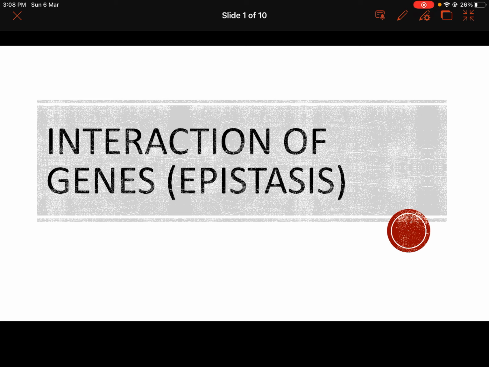All four combinations will appear in the progeny of the parents, but some new combinations will also be present. How are these new combinations formed in the progeny? Because at the time of gamete formation, there is independent assortment of alleles.